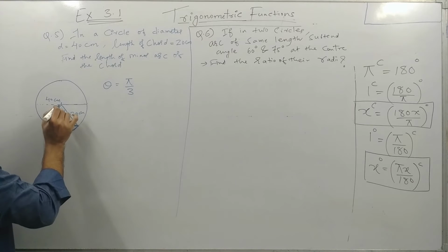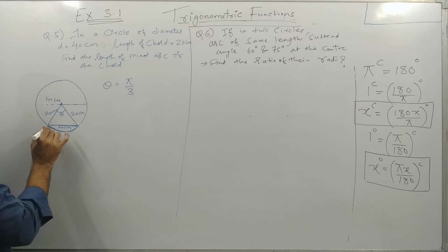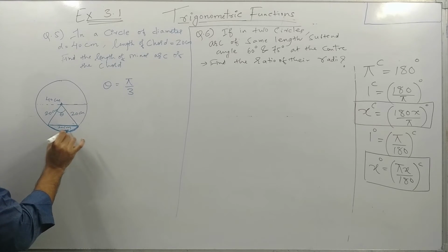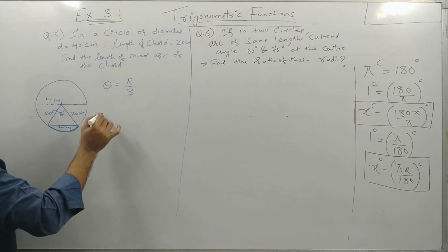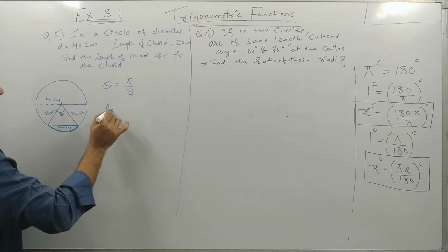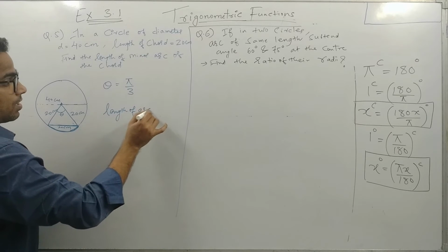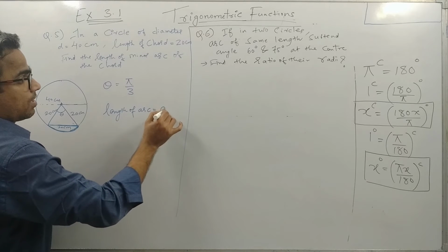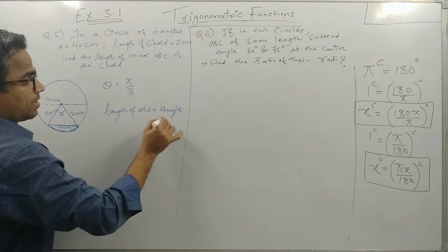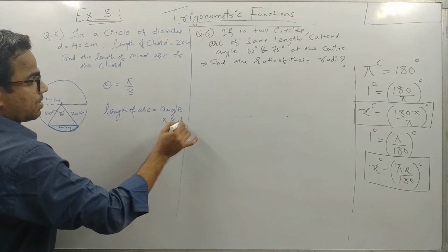So obviously we know if this is the center of the circle and this is the length of the arc and the angle theta, so we know the formula. Length of arc is what? Length of arc is angle subtended at the center into radius, right?